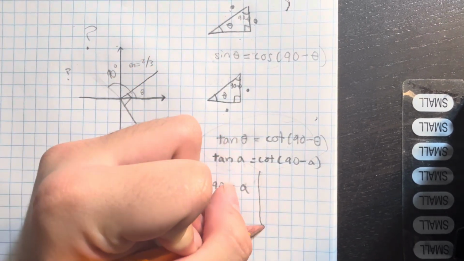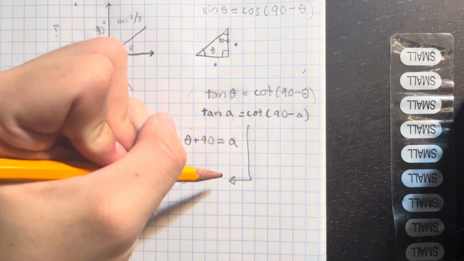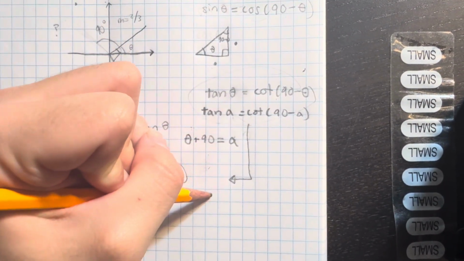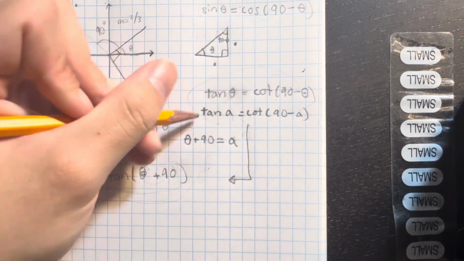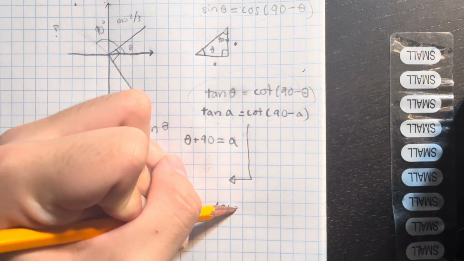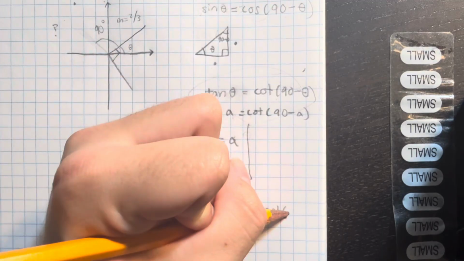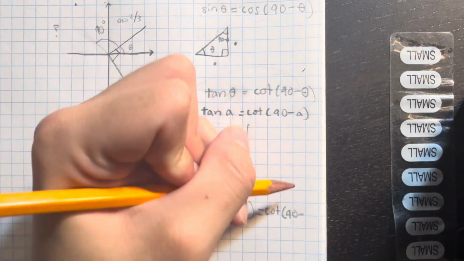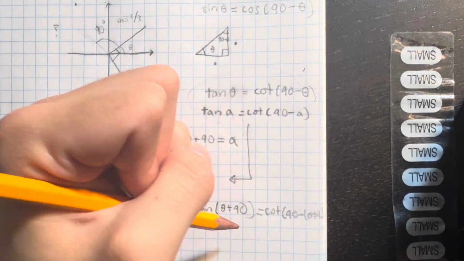So tangent of A, or tangent of theta plus 90, is going to equal cotangent of 90 minus theta plus 90.